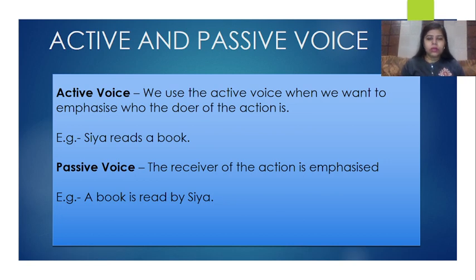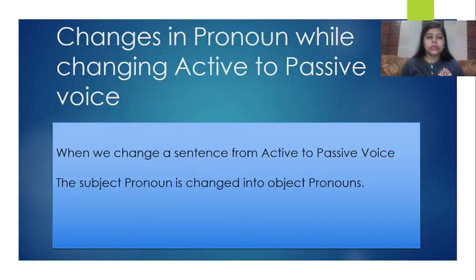Now the main thing that we are going to discuss is changes of pronoun. In this video, we will discuss how we change a pronoun while converting active voice to passive and passive voice to active. When we change a sentence from active to passive voice, the subject pronoun is changed into an object pronoun.